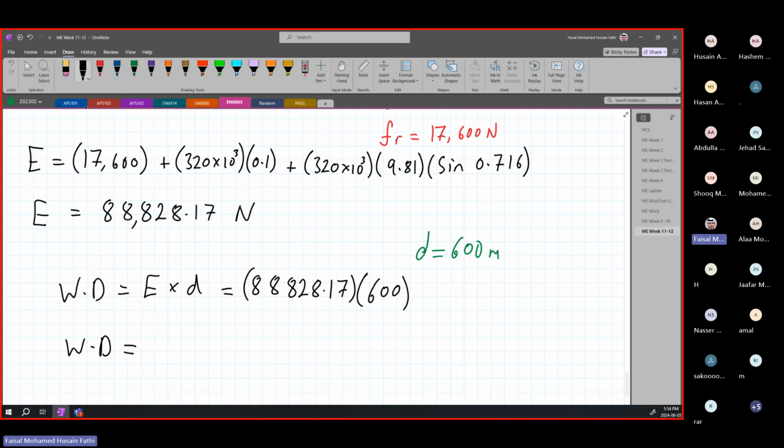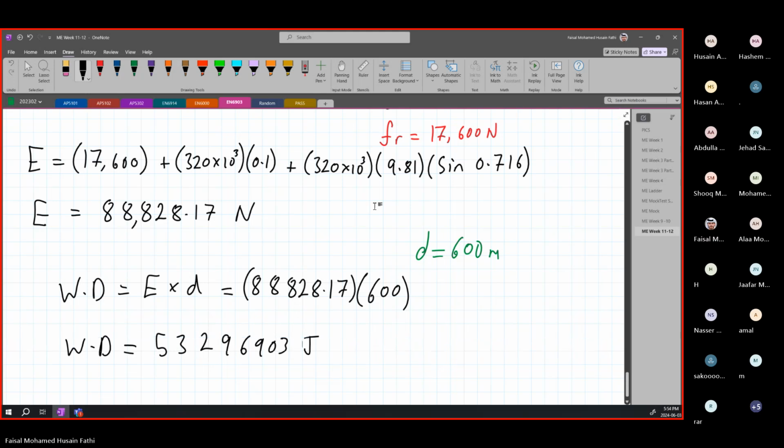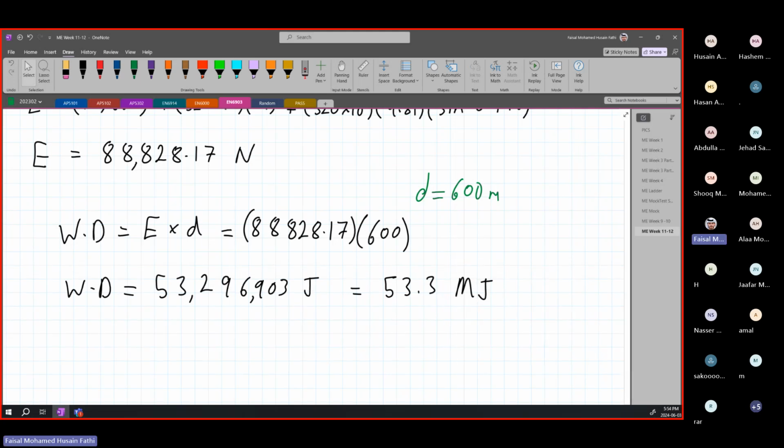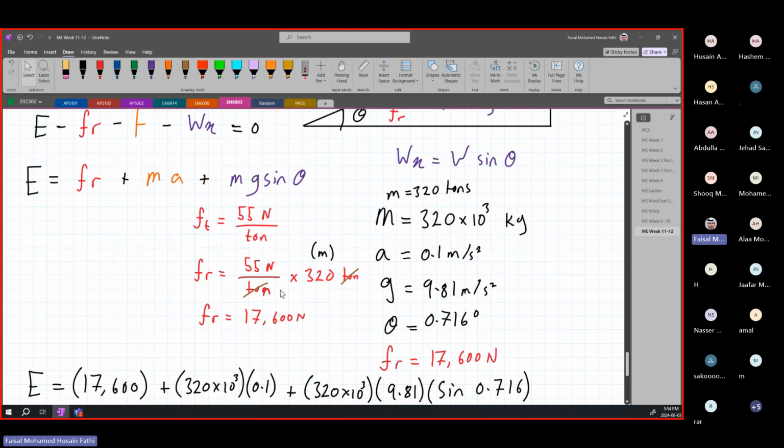So this will give me 532.96903 joules. Or if you want to convert this into a nicer number, we can say that this is 53.3 megajoules, all right? Because mega is 10 to the power of 6. Is it clear what I did here? Again, just a very quick recap.